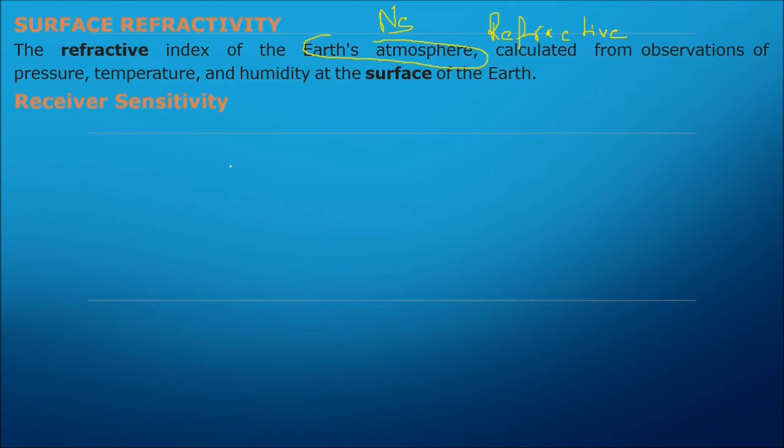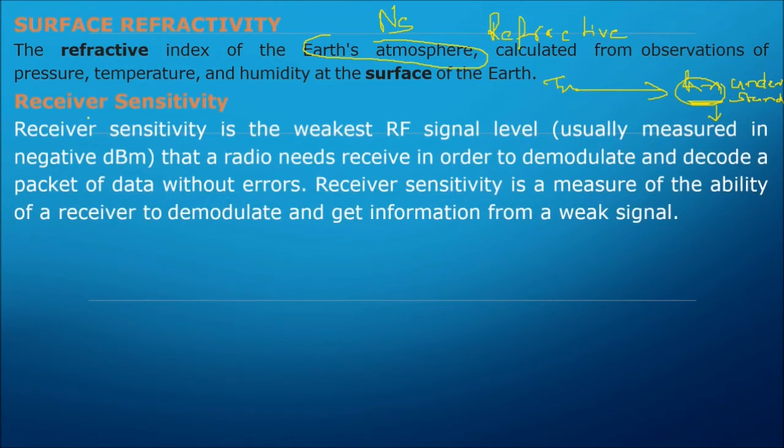Then comes the receiver sensitivity. See, a signal is coming from, say, the transmitter. Now the receiver is there. This transmitter has sent a certain signal, and this signal is going to attenuate, degenerate. The receiver receives a certain signal. So there is a threshold below which the receiver will not be able to either receive or to understand the signal. So what is this? This is receiver sensitivity.